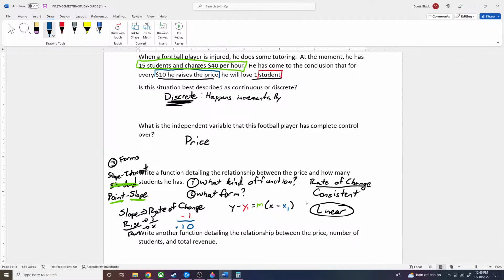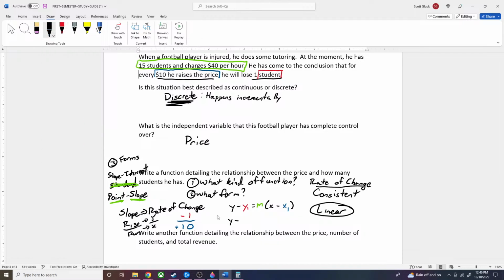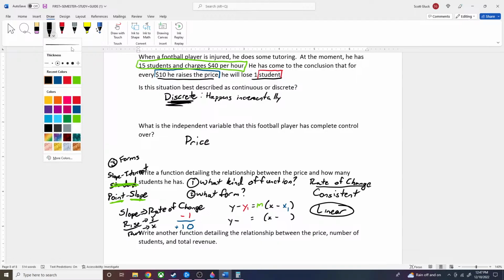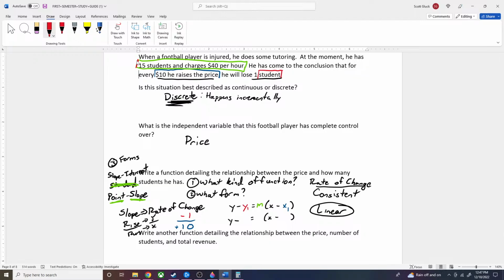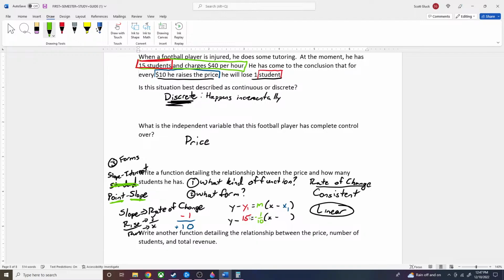Okay? So, let's go ahead and write the equation out. So, y minus something equals something times x minus something else. What is our y1? What is our y coordinate? Well, it's the number of students at $40 an hour. So he has 15 students here, so y minus 15 equals the slope, -1/10.